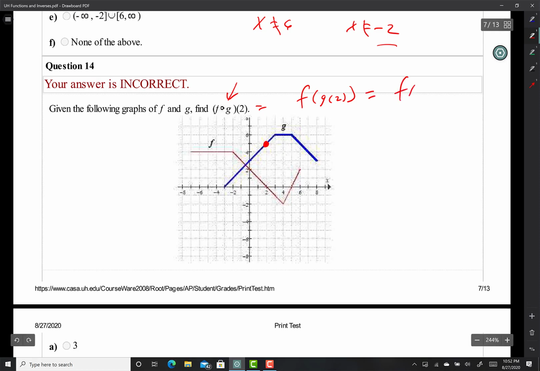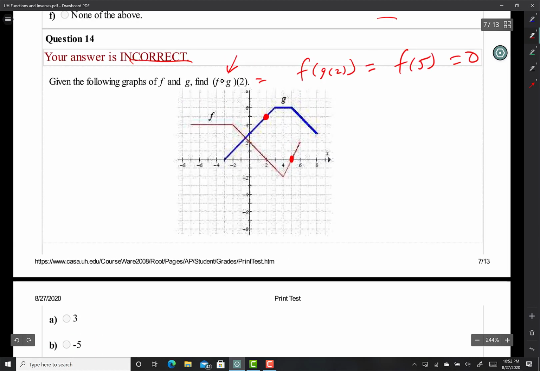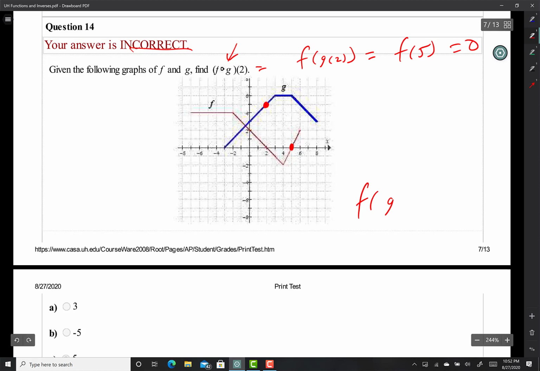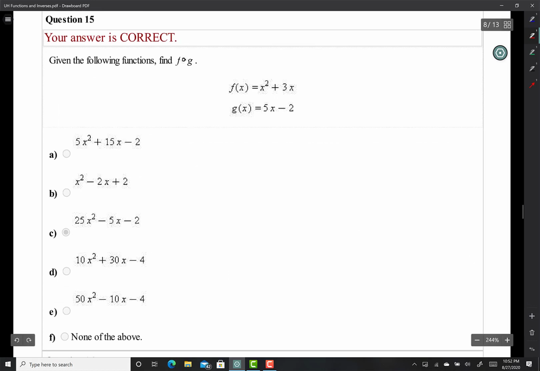So that means this is f of 5. Now I go to the red graph, and when x is 5, it looks like the y value is 0. So the answer is 0. Oh, I'm sorry. So f composite of g of 2 is 0. Let's keep going. Again, that means f composite of g.